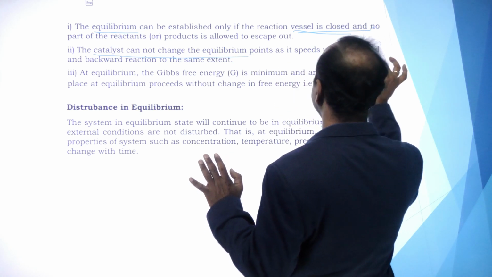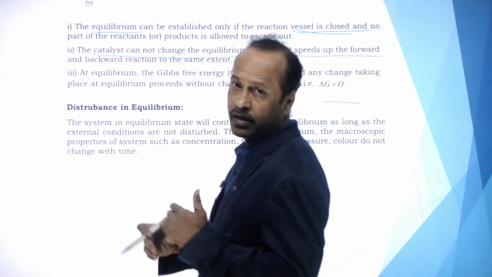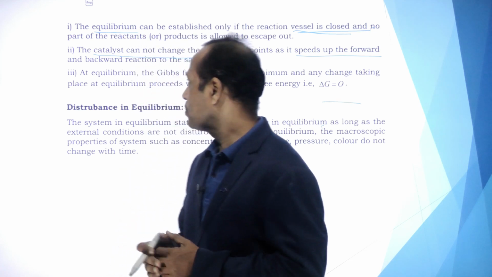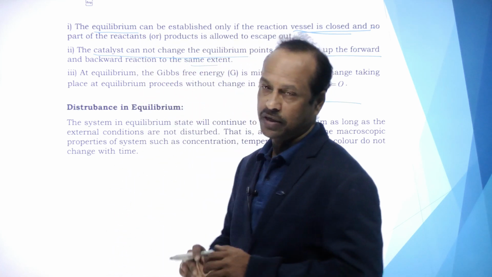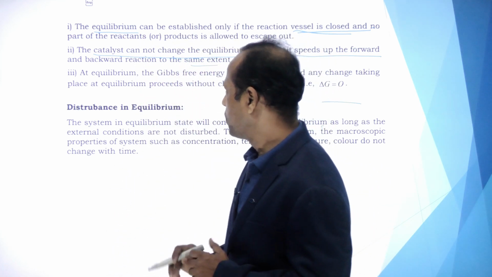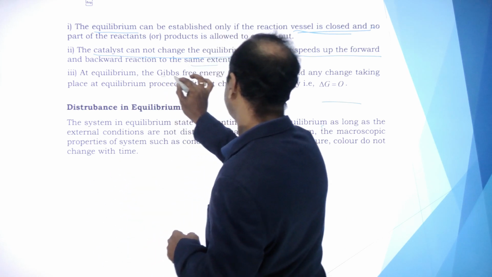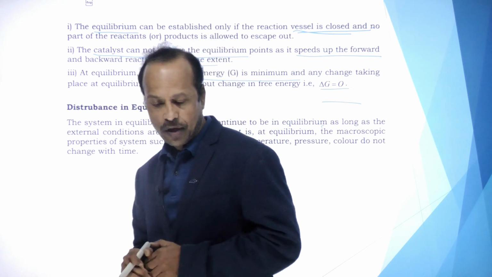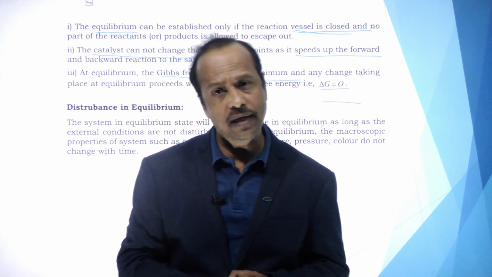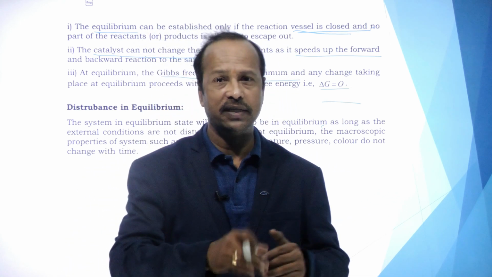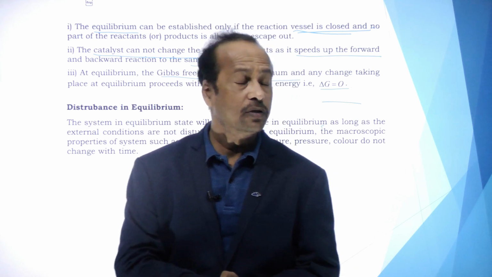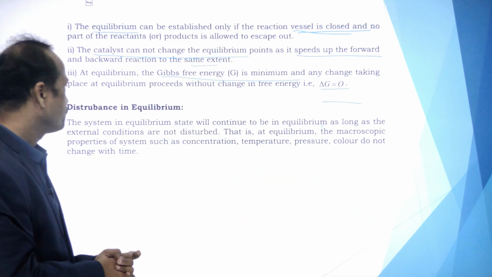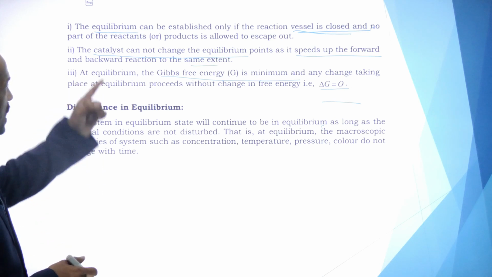It only speeds up the forward reaction and backward reaction to the same extent. That's all. And one more important point is that the Gibbs energy is minimum, or we can say that the Gibbs energy is 0 at the equilibrium. What is Gibbs energy? That we'll discuss in the next classes. Clear? So these are the conditions, students.